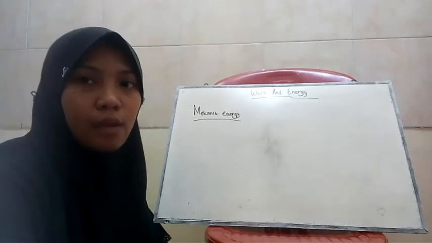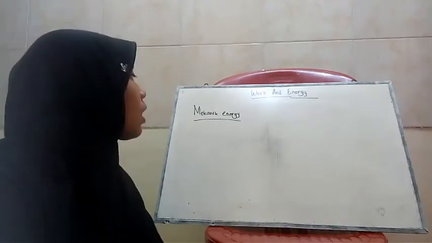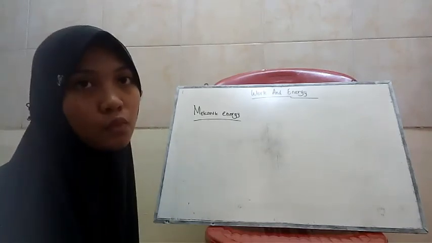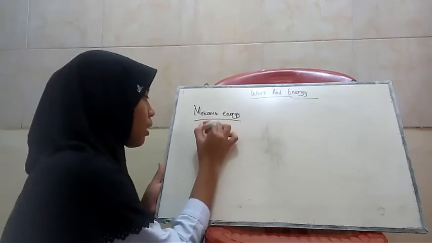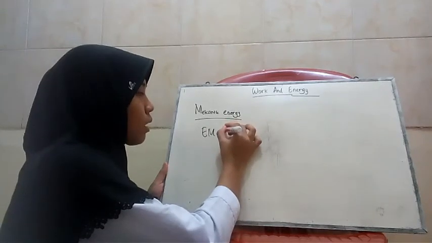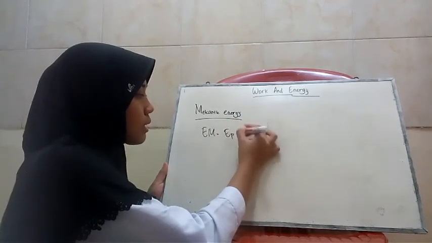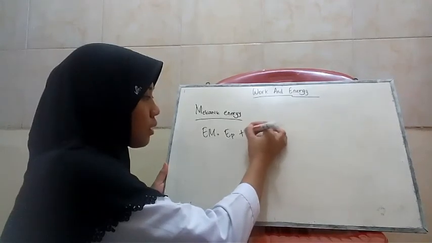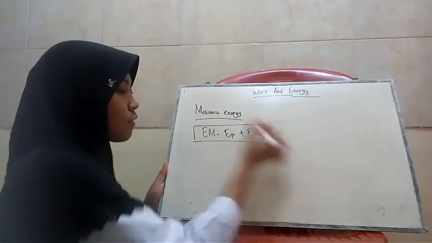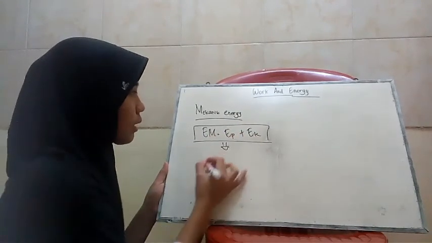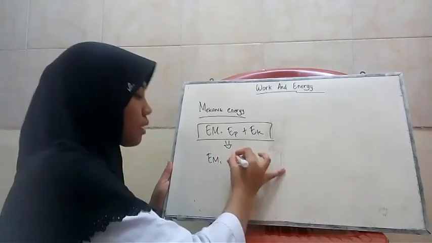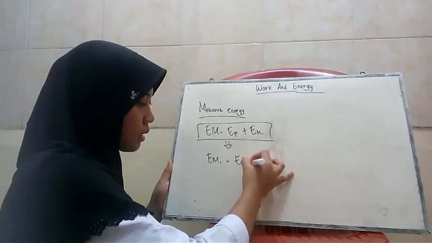Okay, the last I want to teach you about mechanical energy. Mechanical energy we can formulate as mechanical energy equals potential energy plus kinetic energy, and from here we can know that mechanical energy 1 equals mechanical energy 2.